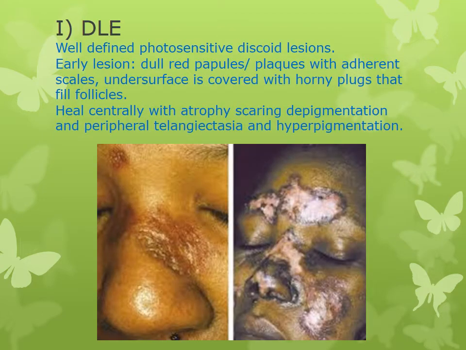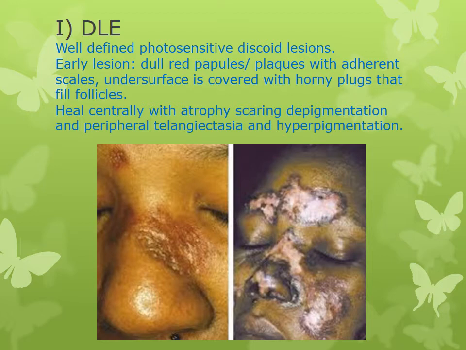Chronic cutaneous lupus erythematosus is also called discoid lupus erythematosus. These are well-defined photosensitive discoid lesions. They are disc-like lesions in the exposed area. The head, face, and scalp are the favored parts.